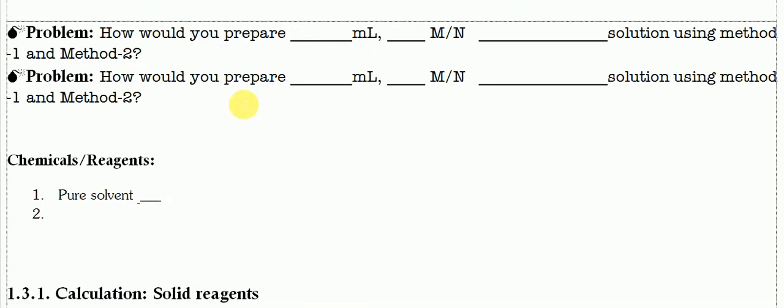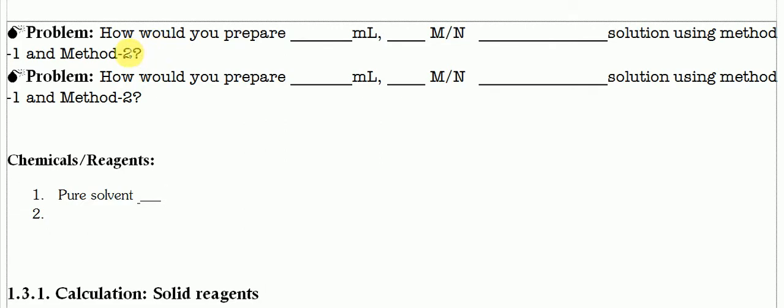Okay, in the laboratory manual, you will find a problem. The problem will have this type of line: How would you prepare, there is a gap, ml, there is a gap, molar oblique normal, there is a gap, solution using method 1 and method 2. I must say that I am showing the preparation of solid and liquid reagents for experiment number 1.